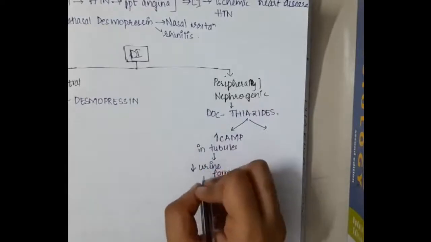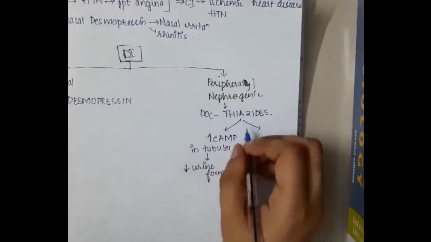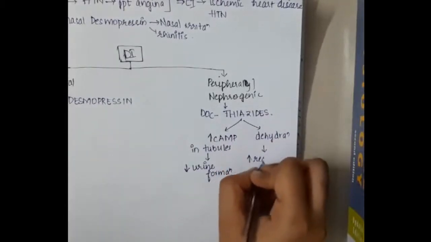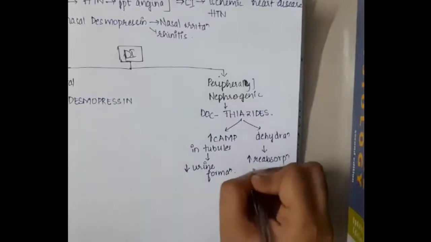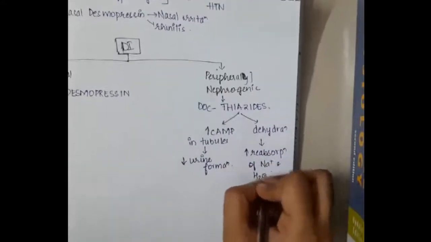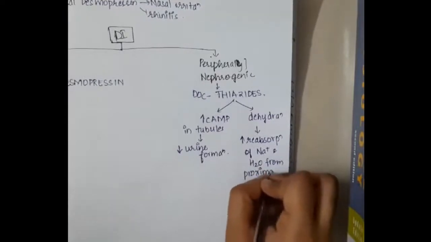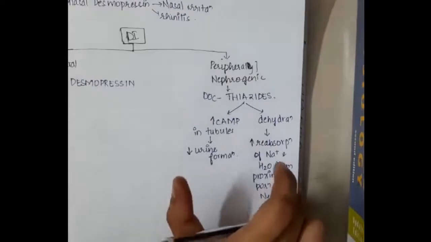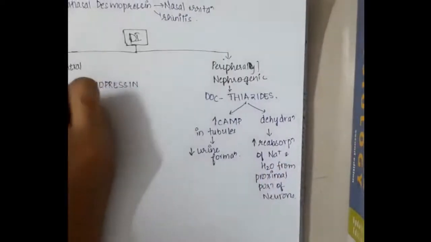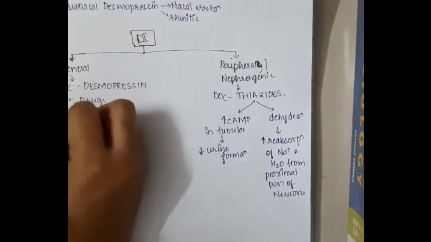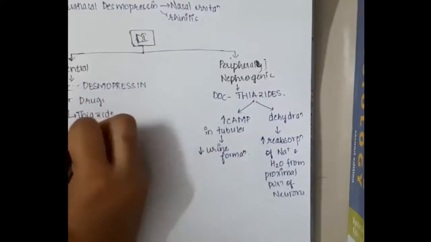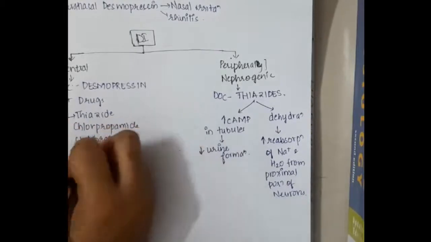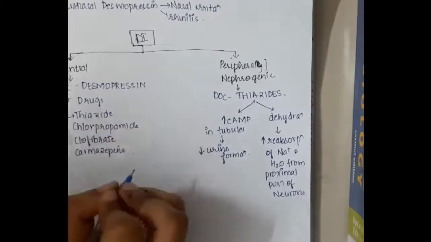They also cause dehydration, and they increase the reabsorption of sodium and water from the proximal portion of nephrons. So they can be used in peripheral nephrogenic diabetes insipidus.